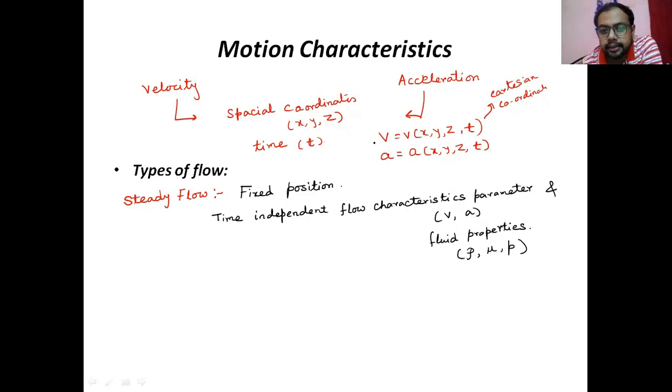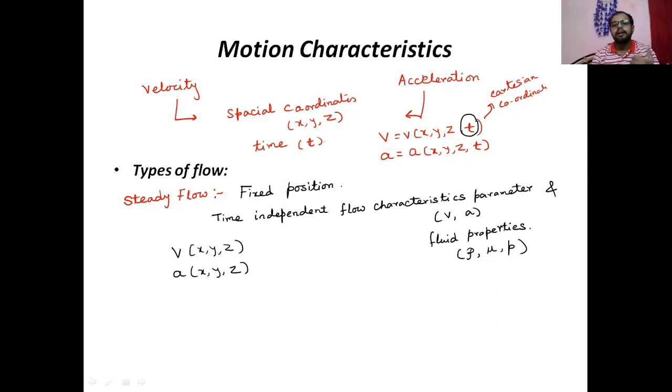That means the velocity does not depend on time. The velocity may be a function of x, y, z, but it is not a function of time. Similarly, the acceleration may be a function of x, y, z, but not of time. Density, the same thing.